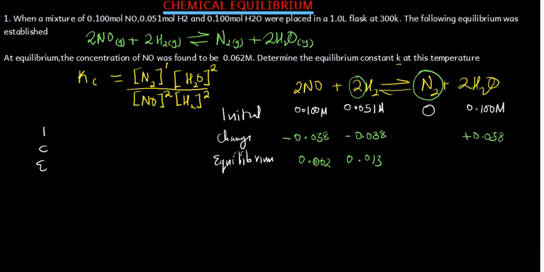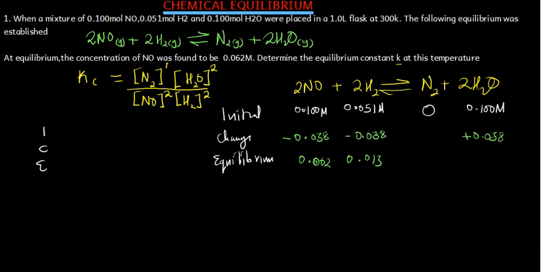And so for us to be able to find the change for this value here, we are going to divide by 2. So let's divide 0.038 by 2.